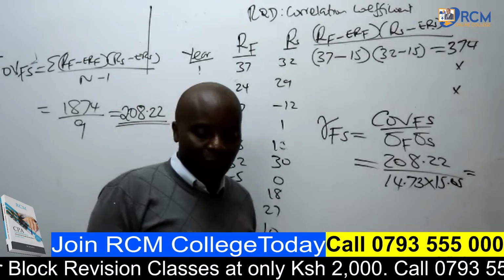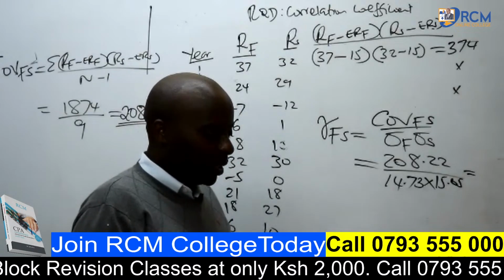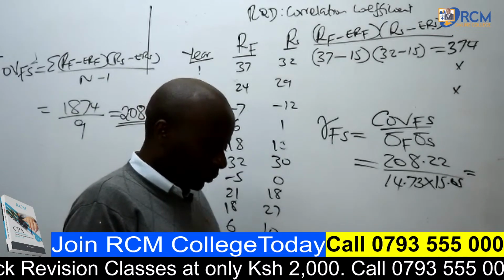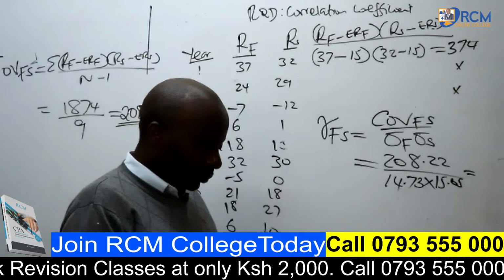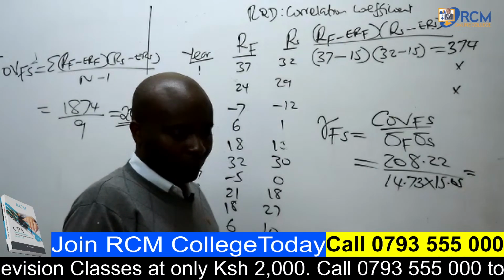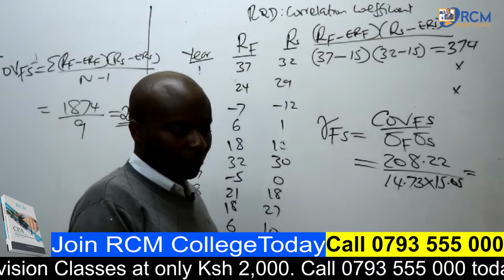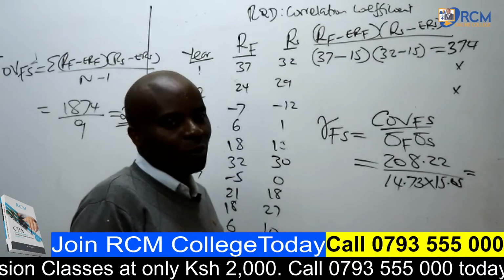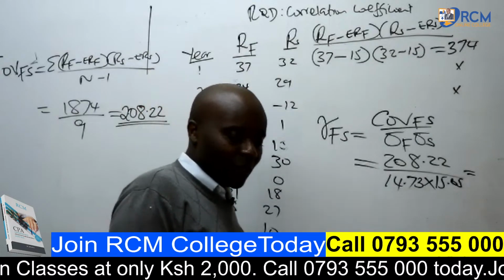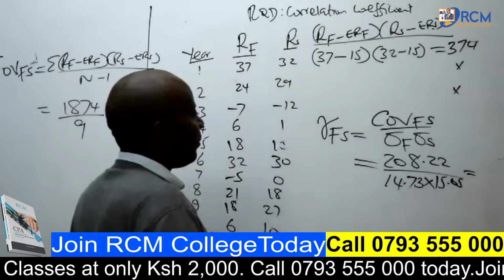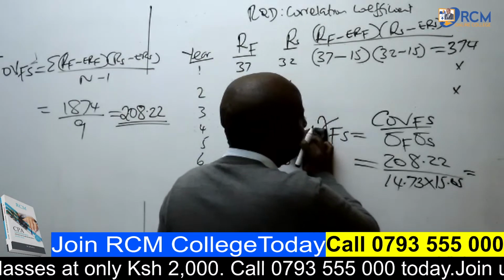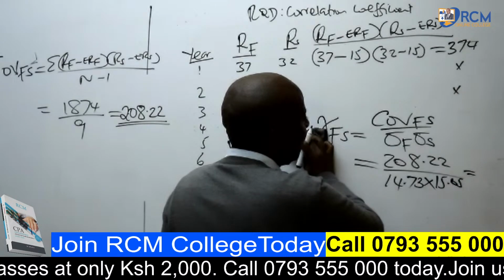So what do we have there as our R? 0.94. That is the correct answer. And I want to believe that you would have done the same in your exams.